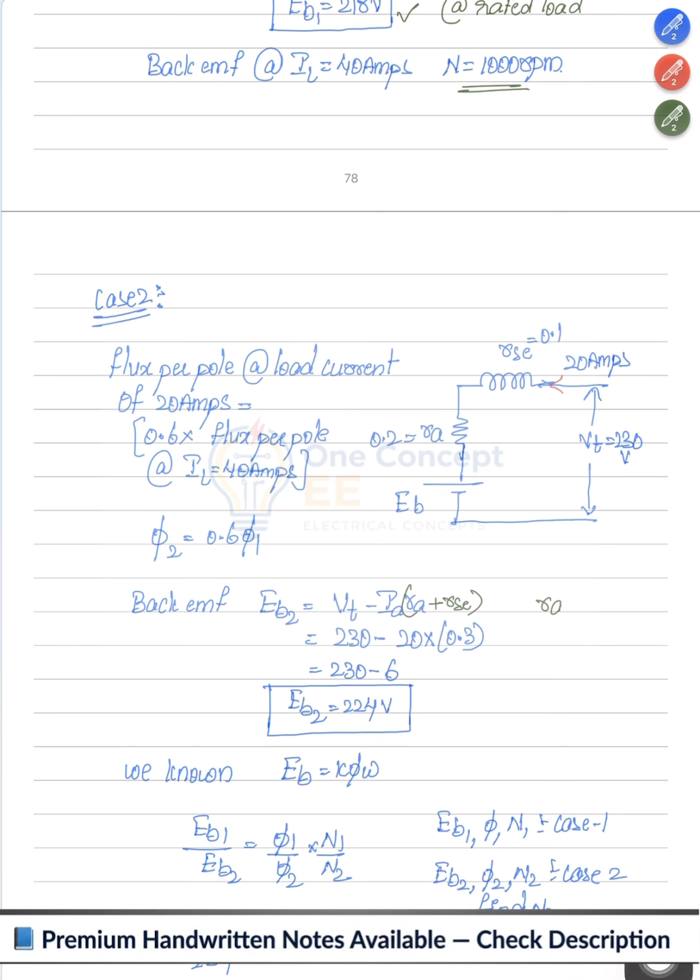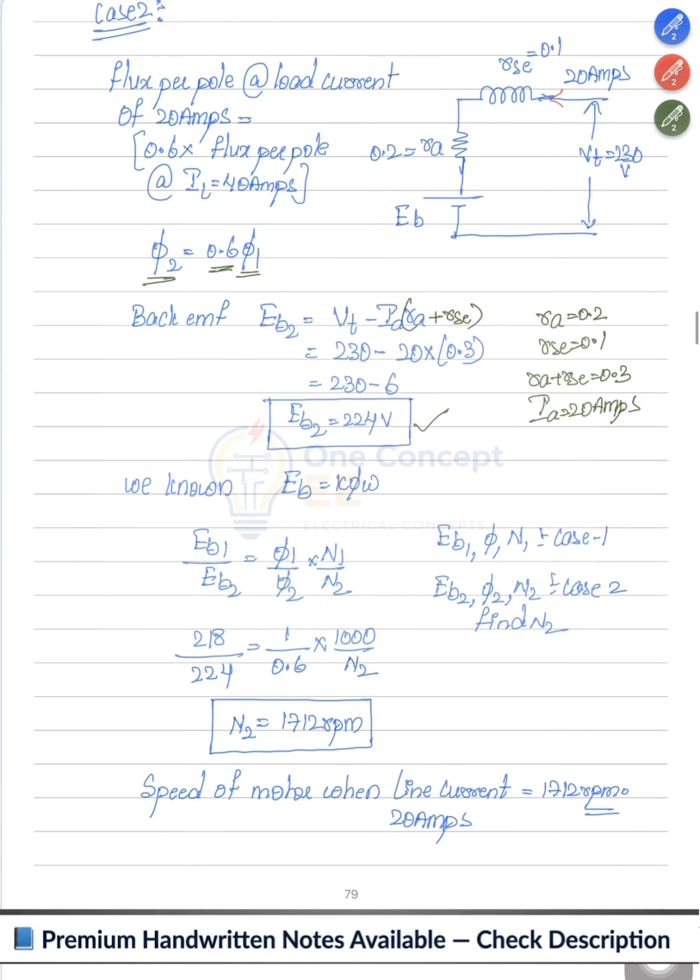Here Ra is 0.2 ohm, Rse is 0.1 ohm, Ra plus Rse will be 0.3 and armature current of 20 amps. By substituting these values, I found a back EMF of Eb2 equal to 224 volts. In this condition, they already gave that the flux will be 0.6 times the flux under rated condition.